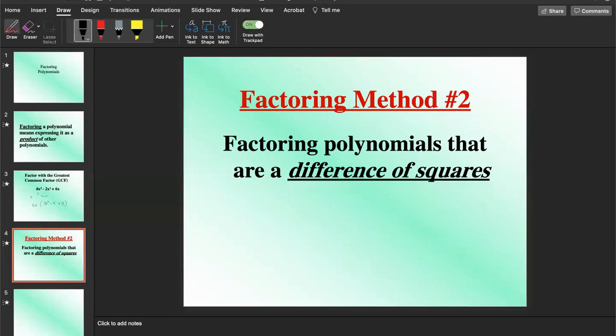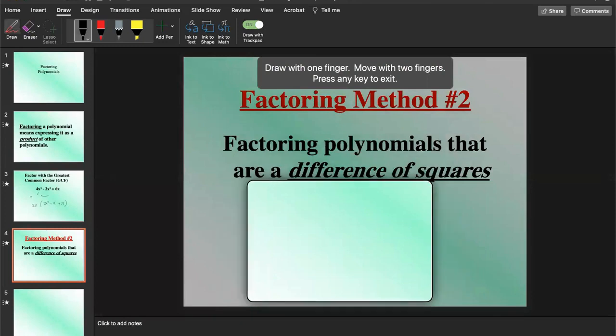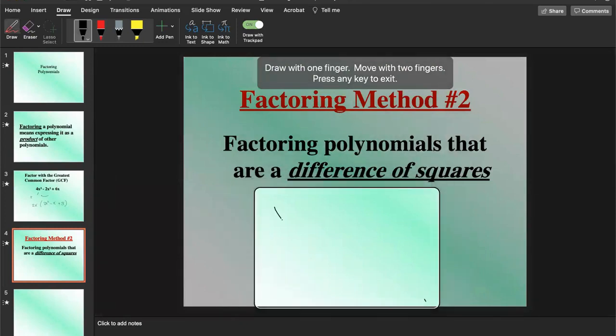So a good example that I'm going to create here is going to be x squared minus 9. And what you'll notice here very soon is that this is indeed a difference of squares, not necessarily with 9 at play, but with x and the number 3. I can draw in parentheses here.